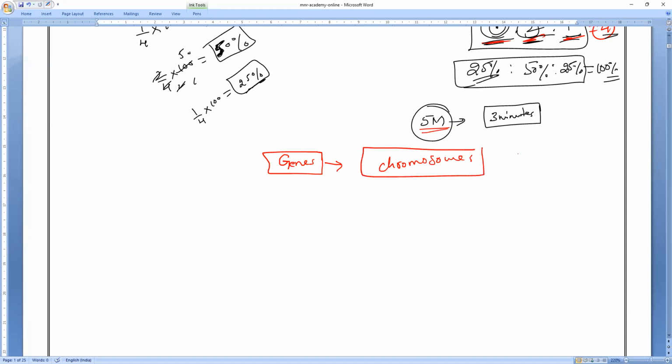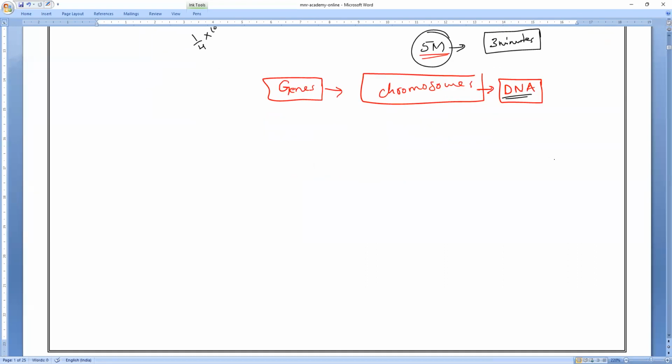And chromosomes are made of what we call DNA. Understand? Each DNA has hundreds of genes. Each gene is responsible for the transmission of characters from the parents to the offspring.